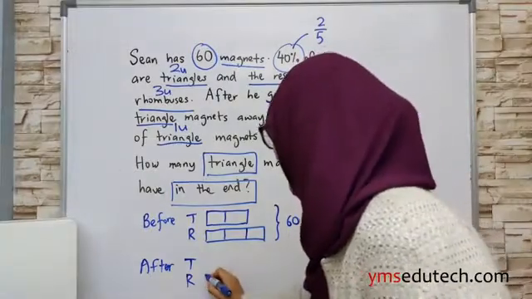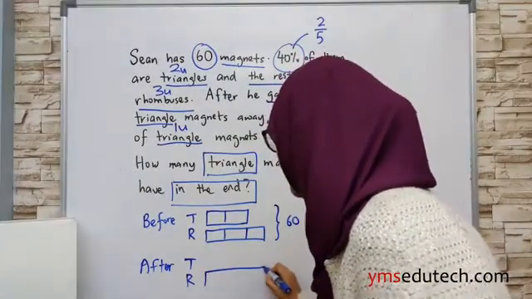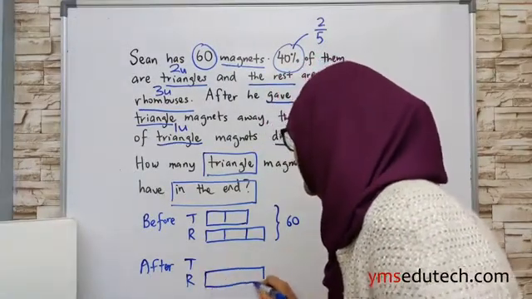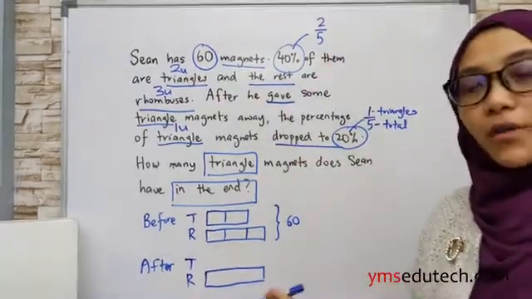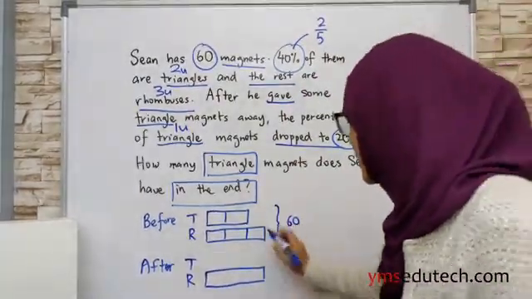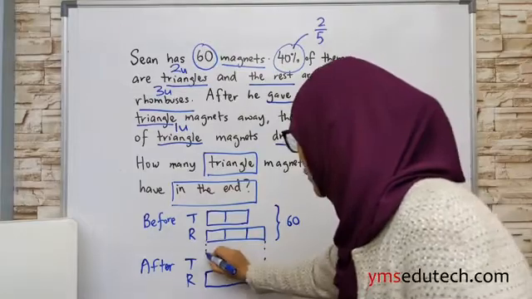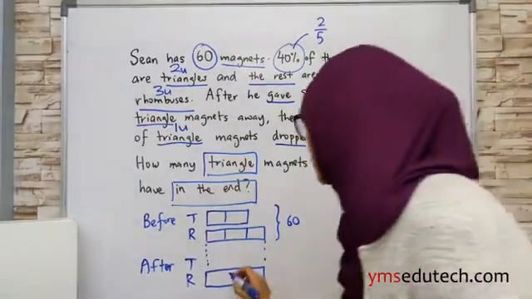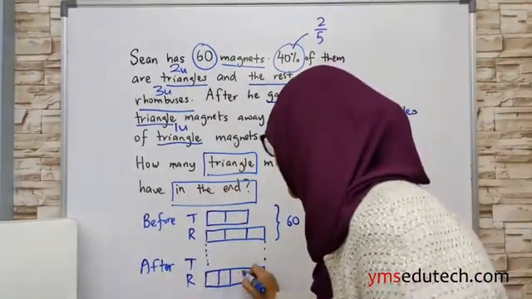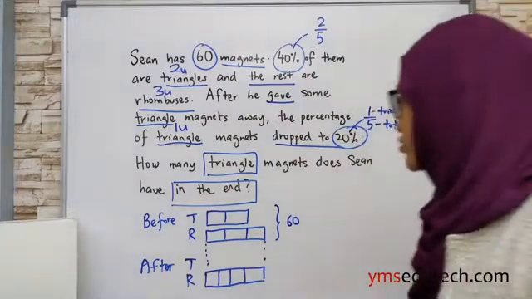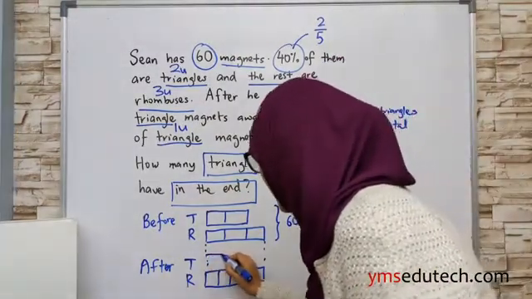There was no change to the rhombuses, which means the model for rhombuses remains the same. However, we don't split into 3, we split into 4. 1, 2, 3, 4. And the triangle is 1 unit.